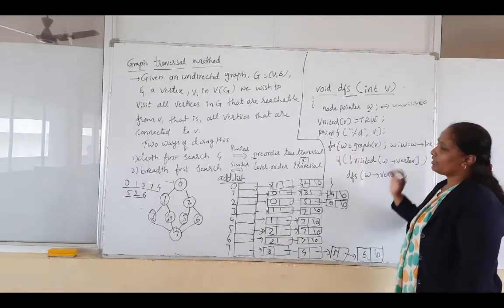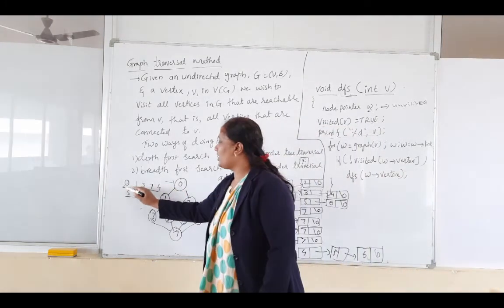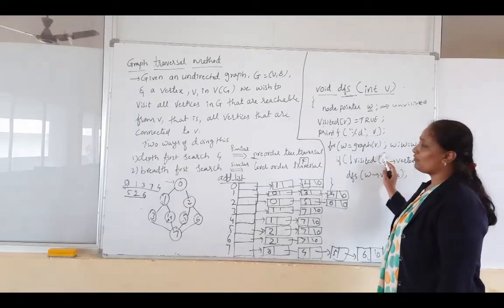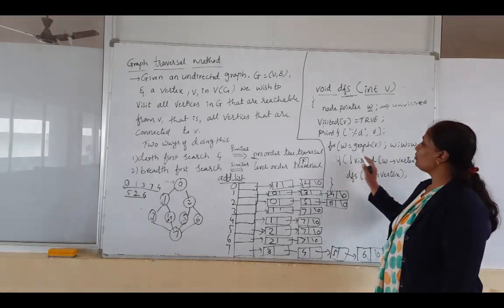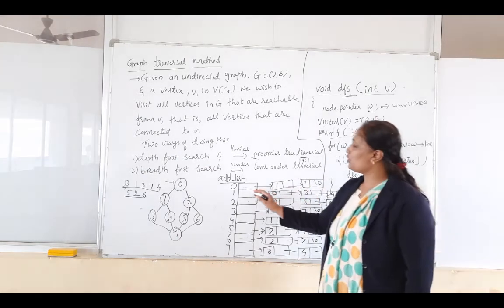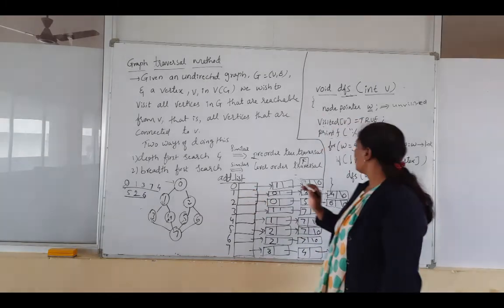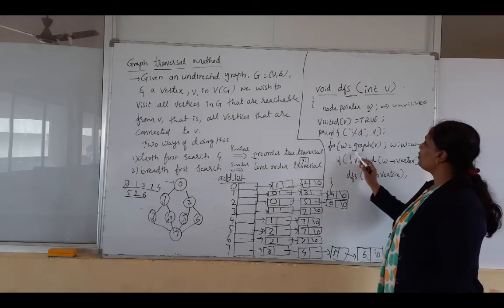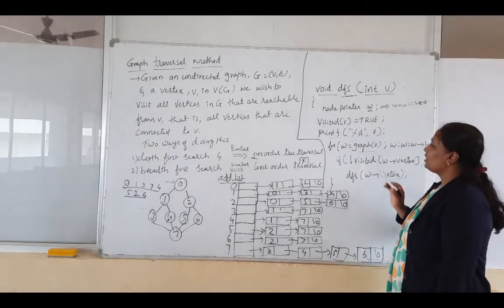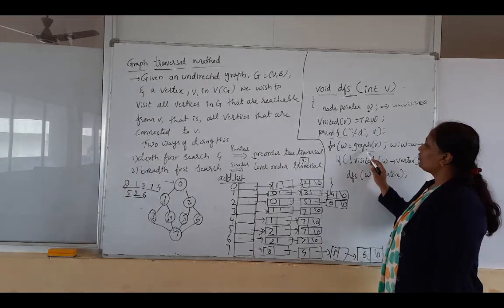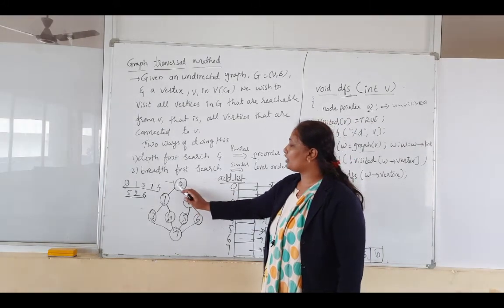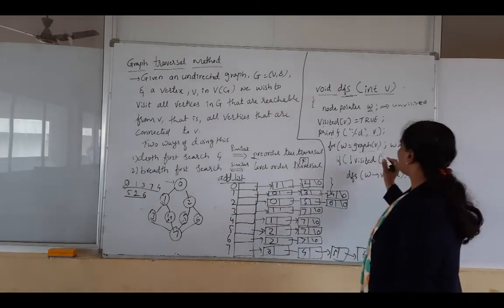Next I am going to print that. So here I am printing that. So after printing I am entering the for loop. So what is there in the for loop? See, now I am going to check the adjacency list of 0. So here what you had written in the for loop, W equal to graph of V. So graph of V is nothing but you are going to check the graph of the visited vertex V. So what is the visited vertex here?